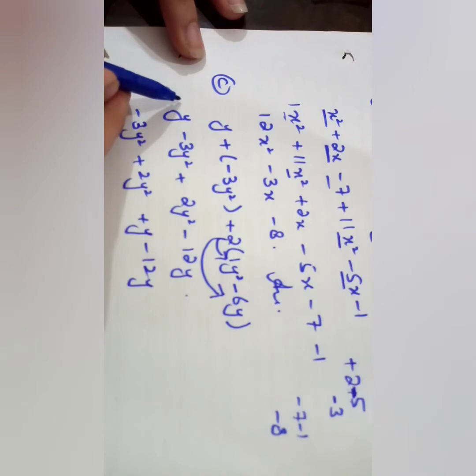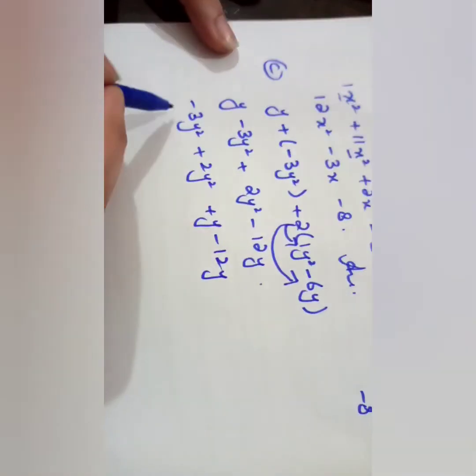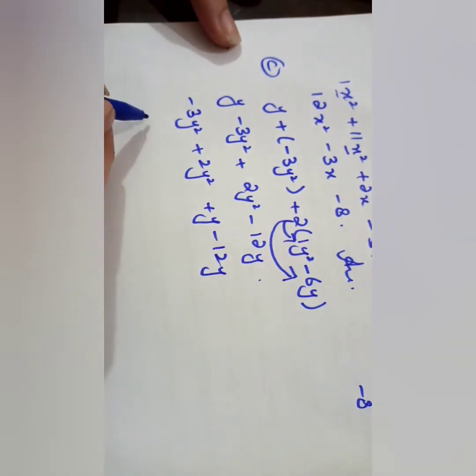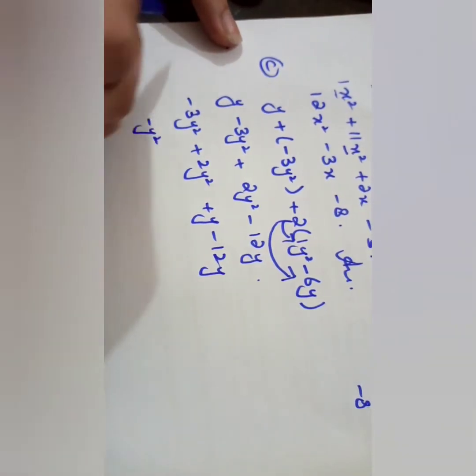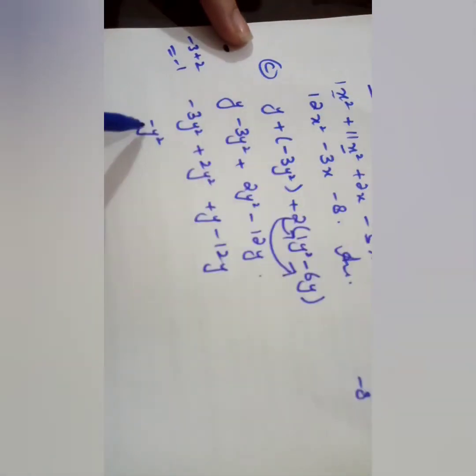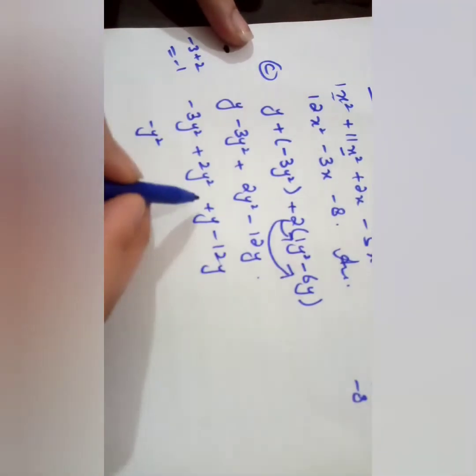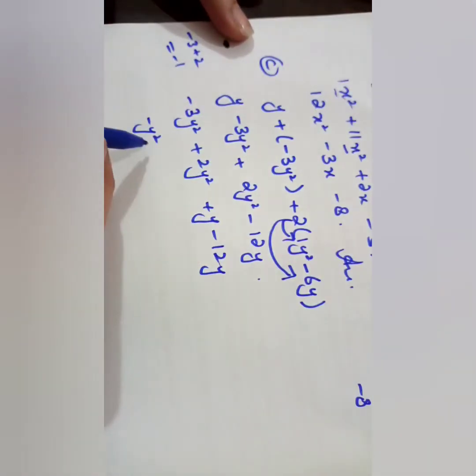Again note that there is no sign when I write down this y, so I place the plus sign here. Minus 3 plus 2 will become minus y squared, because minus 3 plus 2 is equal to minus 1. It's your own choice whether you want to write 1 here or not. Then plus y minus 12y: plus and minus gives minus, 12 minus 1 is equal to 11.